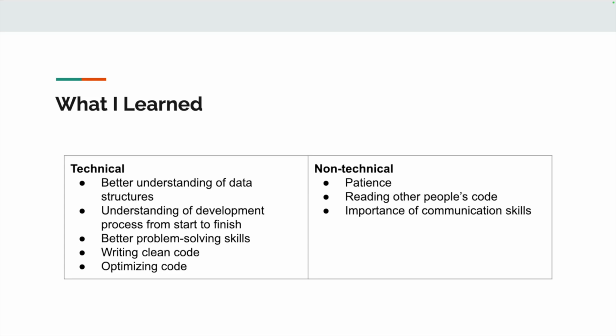And it makes me say, oh wow, I never considered that approach. And definitely the importance of communication skills. I think later on when I work on more complex projects, I want to be able to explain difficult stuff, maybe to a non-technical audience, so they can understand.